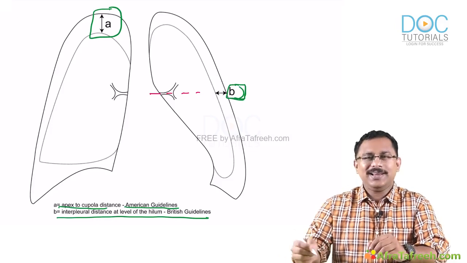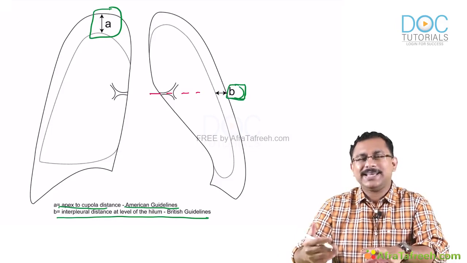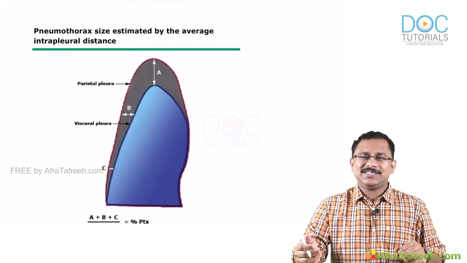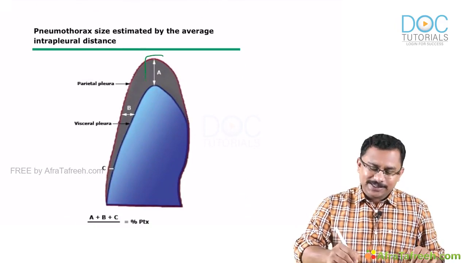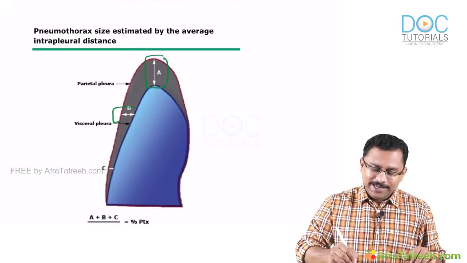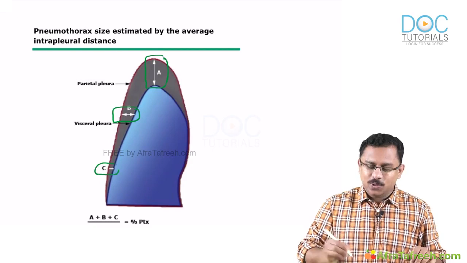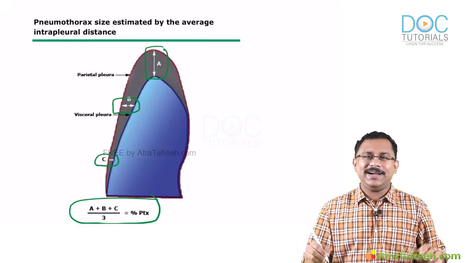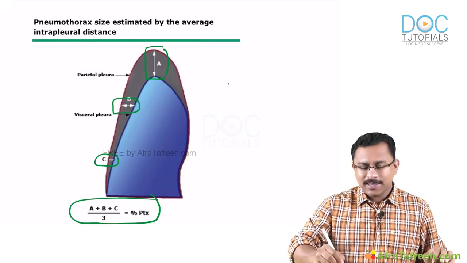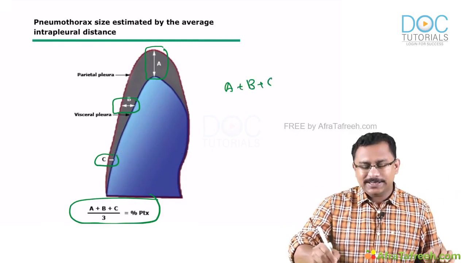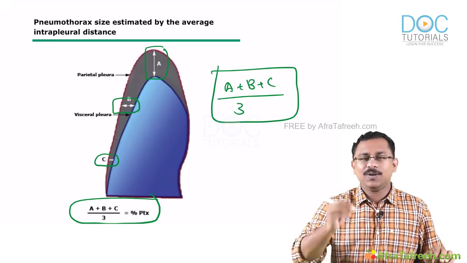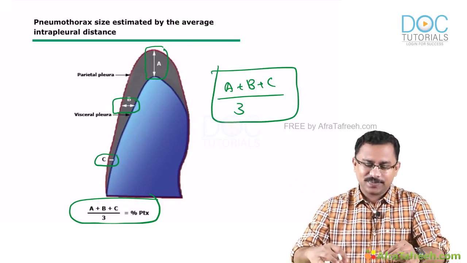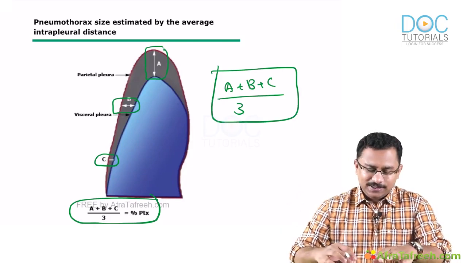Just for your information, there is another method where you can estimate the size of pneumothorax based on 3 measurements: A, the second one that is B, and a lower one that is C, and you add and divide by 3. So, A plus B plus C divided by 3, you are trying to take the mean size of a pneumothorax. Alright, so that is clear.